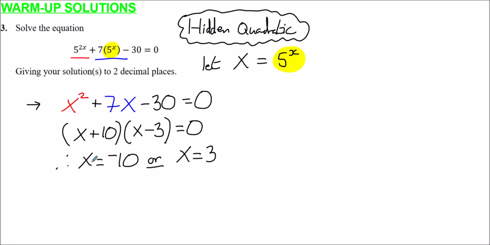But of course, we just introduced big X to make things simpler. So re-substitute what big X actually is. So either 5 to the x is minus 10, or we've got that 5 to the x is 3, because remember we said that big X could be equal to 5 to the x in our substitution.